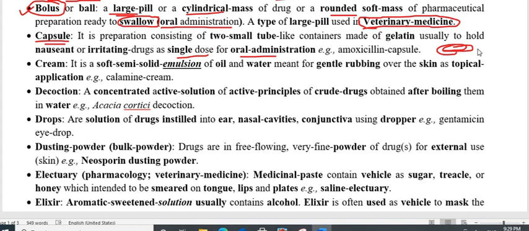And why this tube has to be given to administer the drug in powder or globule form? Because the drug is usually irritant and nauseant or emetic in nature. So capsule are the two tube inside the tube are made up of gelatin, inside which the drug that are kept are usually nauseant or irritating in nature, and the preparation is for oral administration are called capsule.